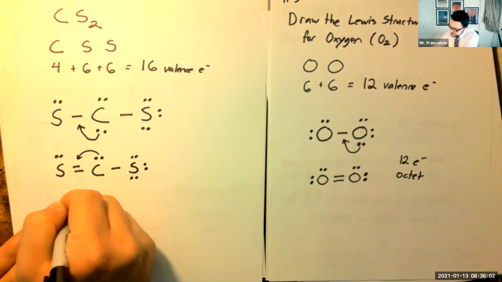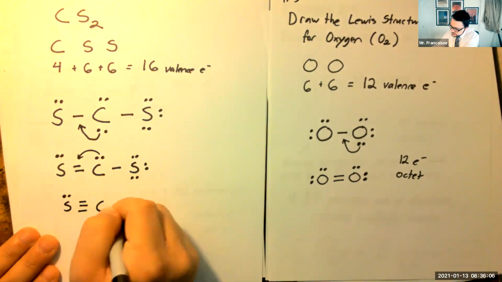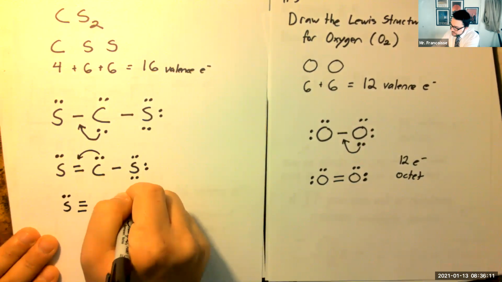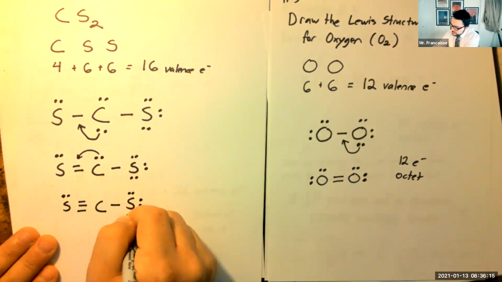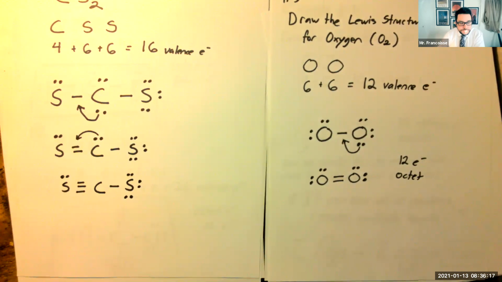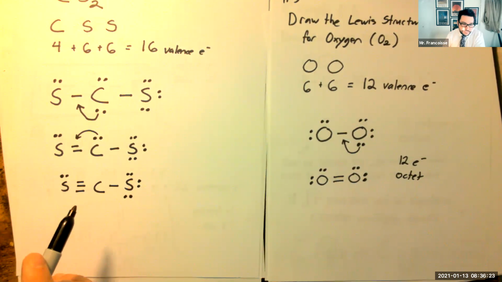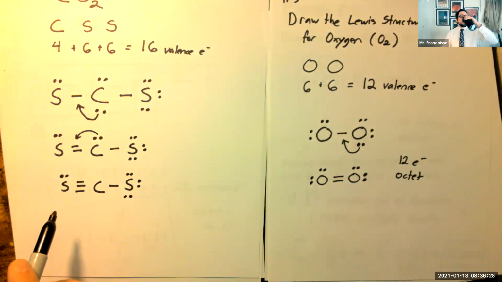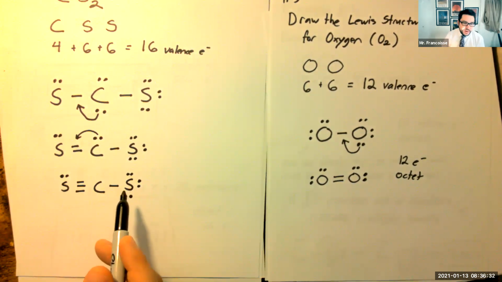So we could have S with 2 electrons here, C, and we could have our electrons that look like this. So this is one way to create our bond here. So this is one possible way.